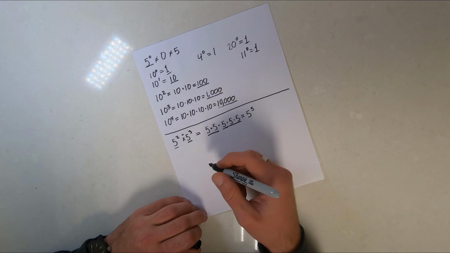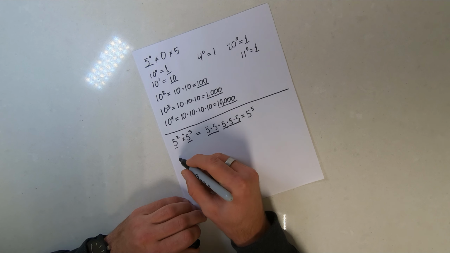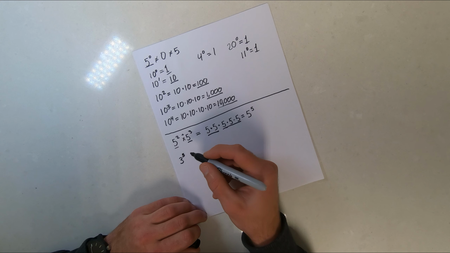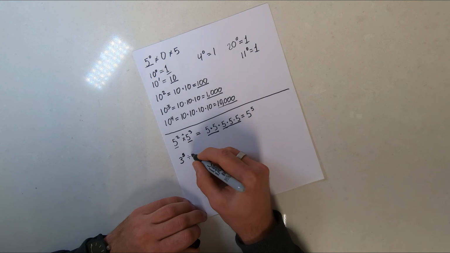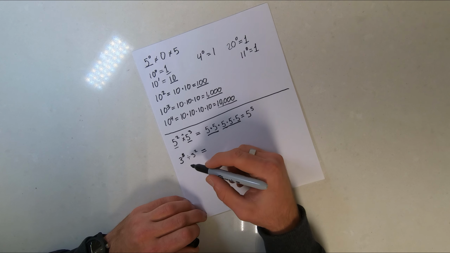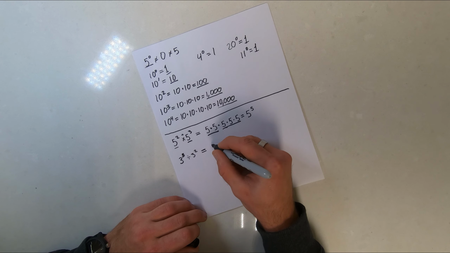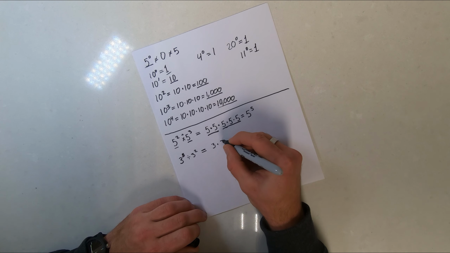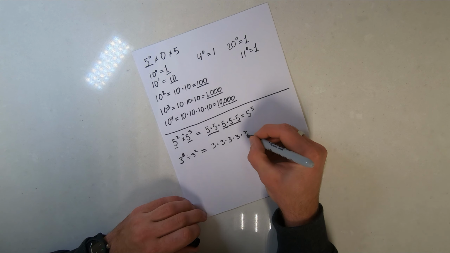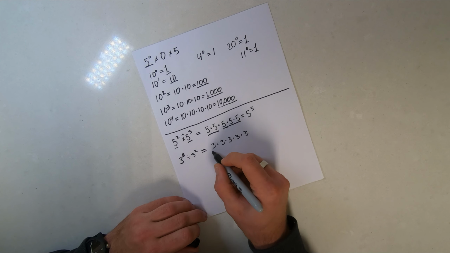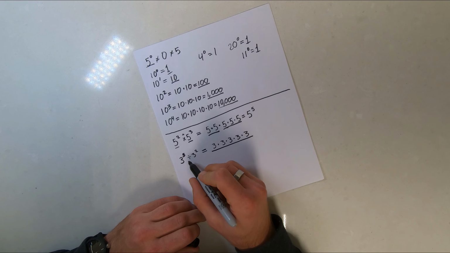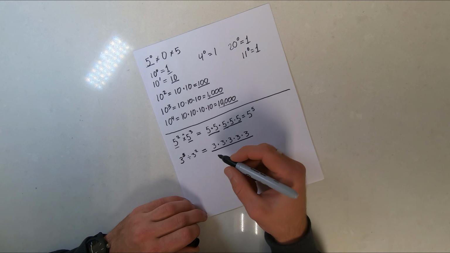When we're dividing exponents, we're basically doing the opposite. So we have 3 to the fifth power divided by 3 to the second power. And we know what 3 to the fifth power means. It means 3 multiplied by 3 by 3 by 3 by 3. 3 multiplied by itself 5 times. Now, because we have a division, we put it in fractional form.